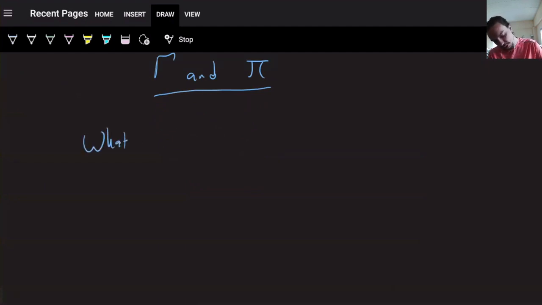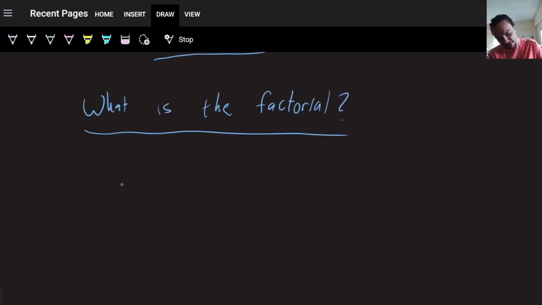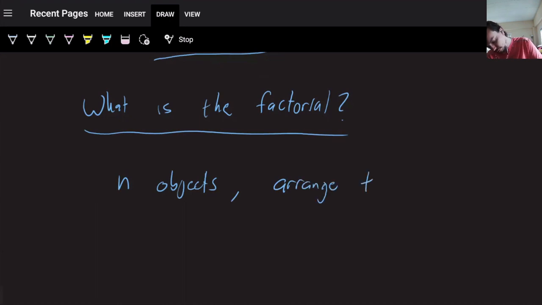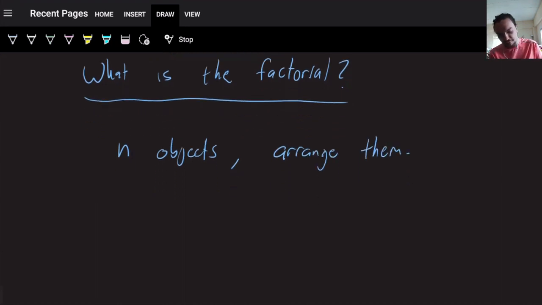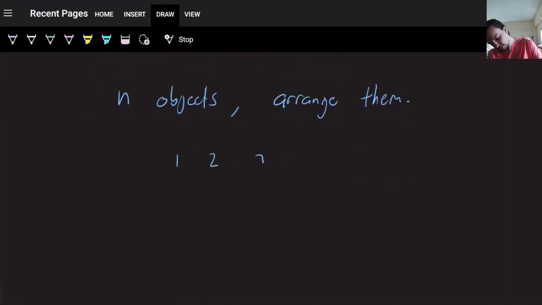What is the factorial? Well, suppose you have n objects, and you want to arrange them. So say we have 5 objects, and we have 5 spots. And we want to know all the ways that we can put those objects into those spots, all the different orders.